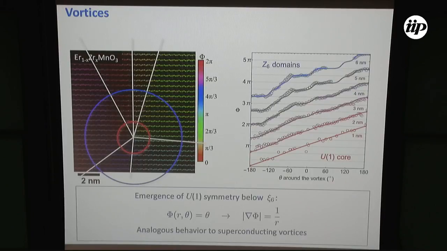So what we observe here is the emergence of a continuous U(1) symmetry. And it is because of this that the vortex in this region becomes totally analogous to a superconducting vortex. So the phase of the order parameter in particular behaves like this and displays this divergence. So this becomes a singular point, exactly as in superconducting vortices.